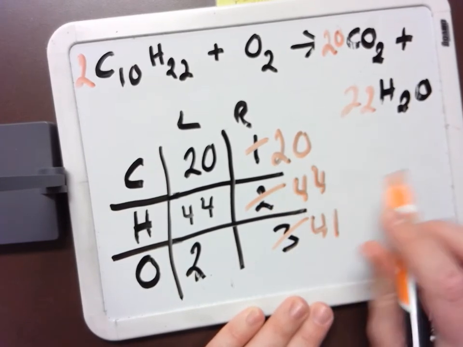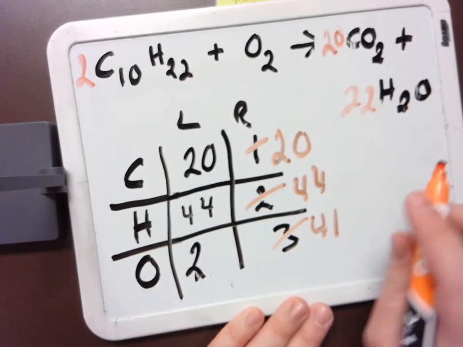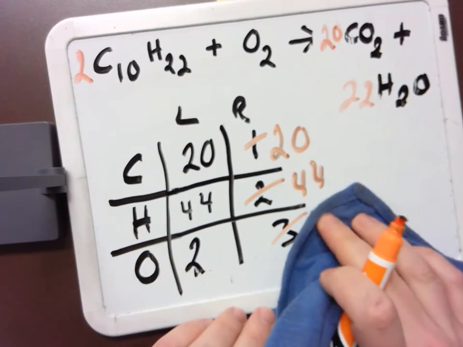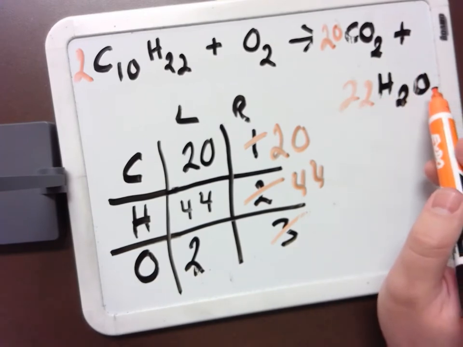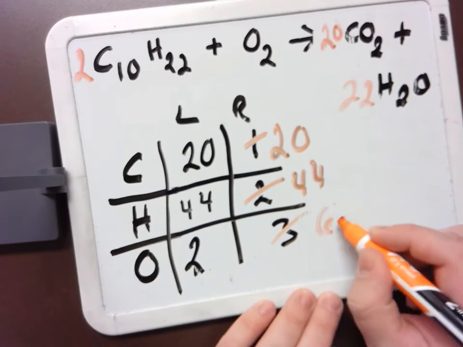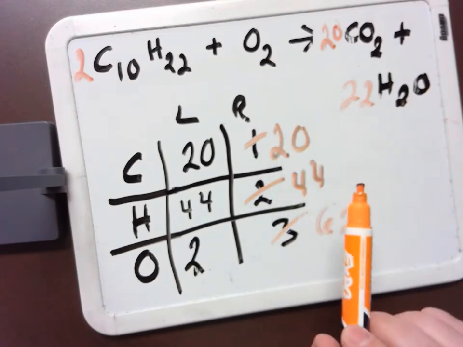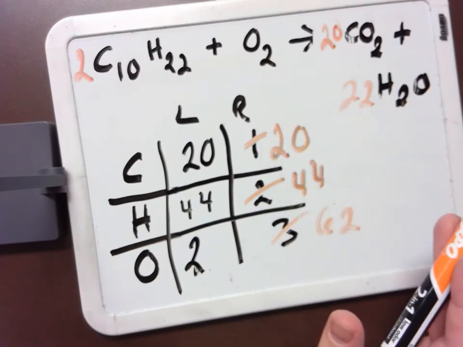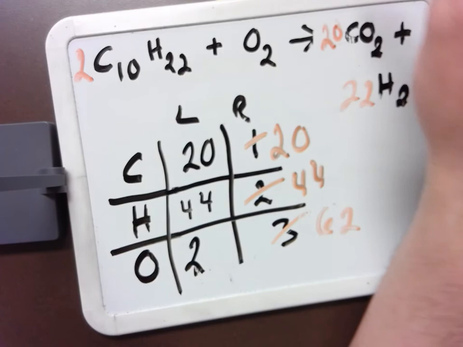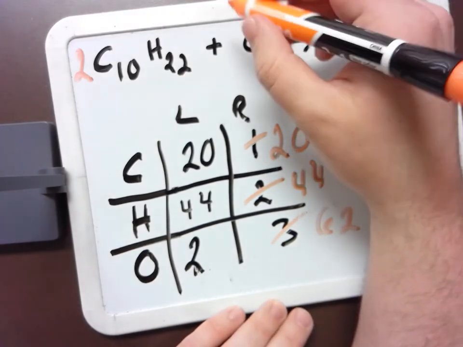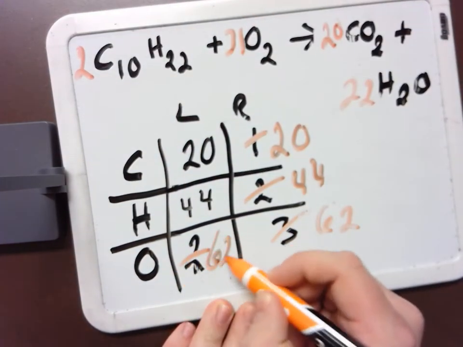We now have O times 22, so we take this one, and now we equal 20 times 2 is 40. 22 times 1 is 22, so that's going to be 62. All right. And we multiply our 2 by, what do we have to multiply by? What do we think you got? 62 divided by 2 is 31. And that balances out. Crazy, right?